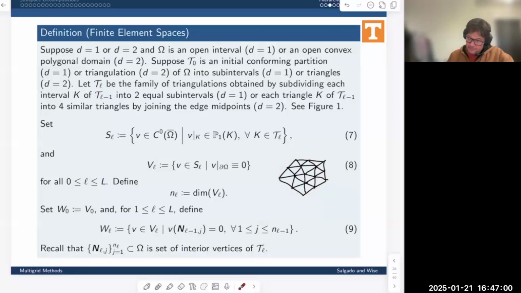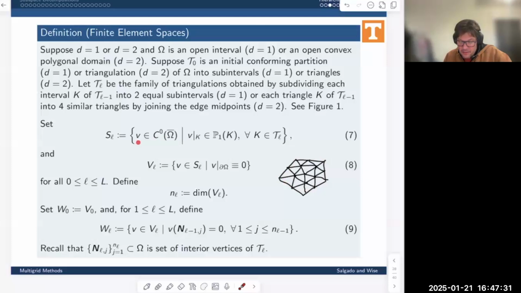Now I'm going to build finite element spaces from that. The two finite element spaces I'm going to build are S_L and V_L. S_L is going to be the collection of all v which are continuous on this domain, such that when I restrict v to any triangle in the mesh, I get a linear function. So when I restrict to a triangle, I get basically a plane. This is what's called the piecewise linear finite element space.